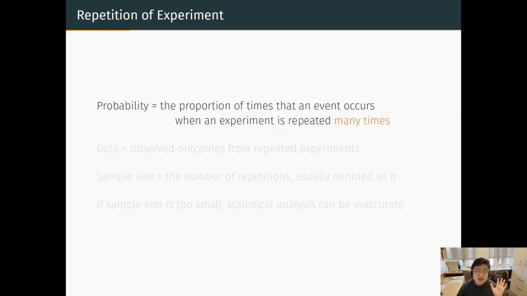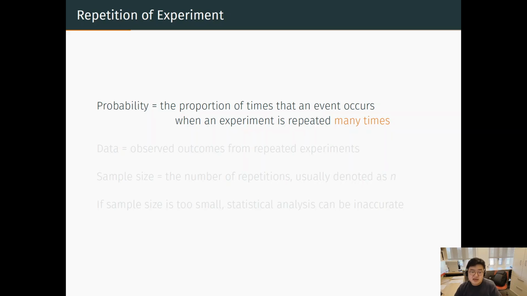As the name tells, you have to repeat things and see the frequency, how many times a thing happened. So implicitly, this definition assumes that you are repeating an experiment, right? That is a hidden requirement to define a probability.